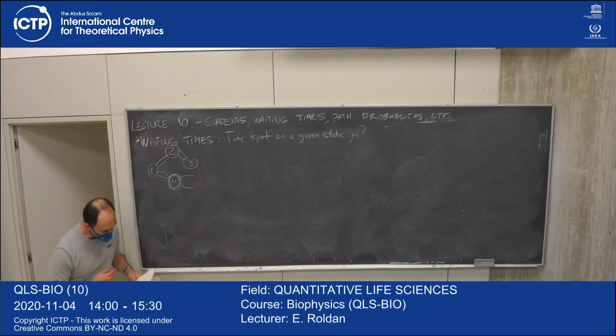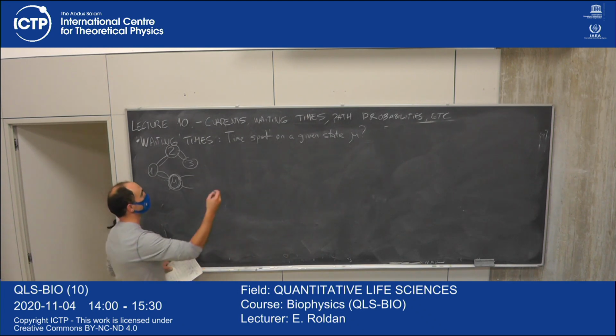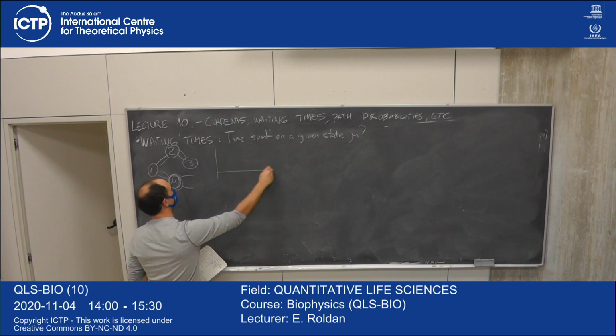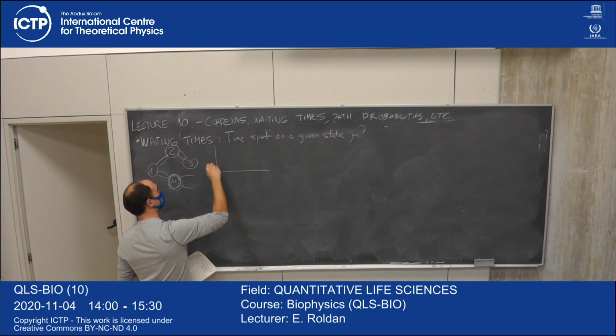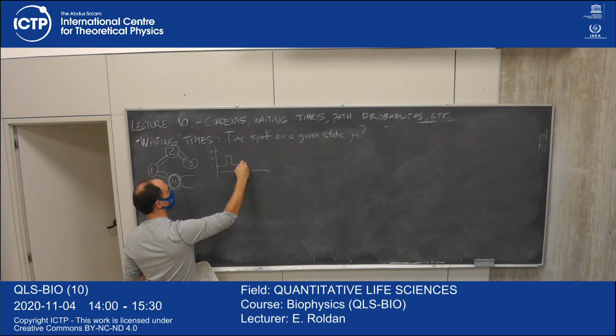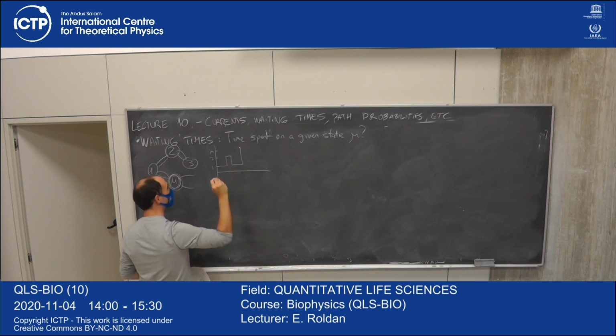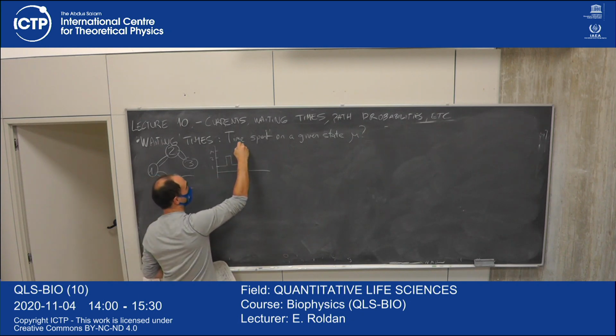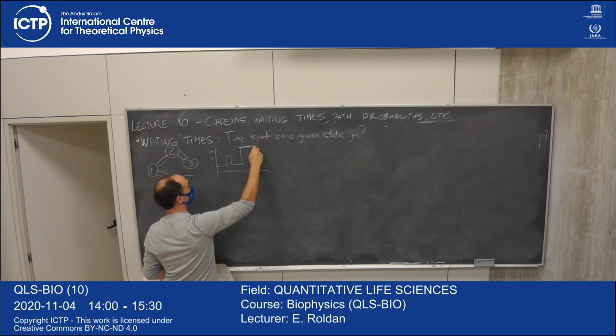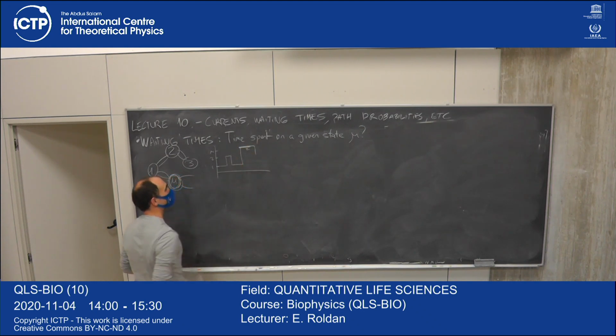This means you look at the trajectory. Say you have state 1, state 2, state mu. You have jumps. Then you arrive at mu and you count the time, how long I'm in mu, until I jump somewhere else, for example to 2. This is this value of time.